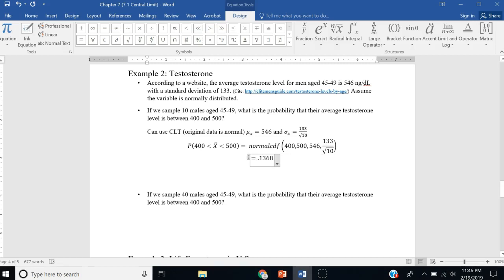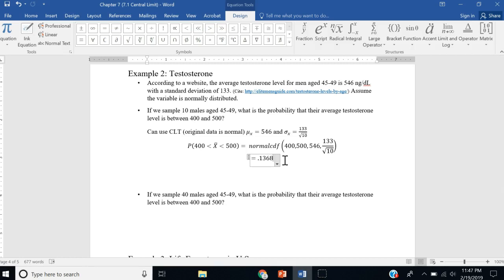So what that means is that if I take a random group of 10 males, the probability that that group has an average testosterone level between 400 and 500 is close to 13 or 14%. So that's what we're asking.